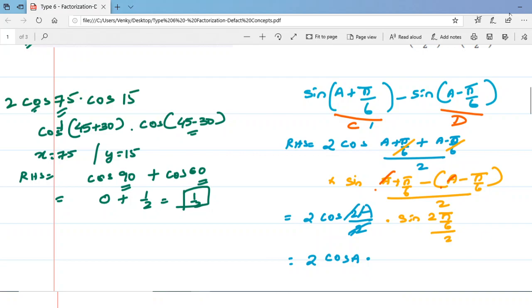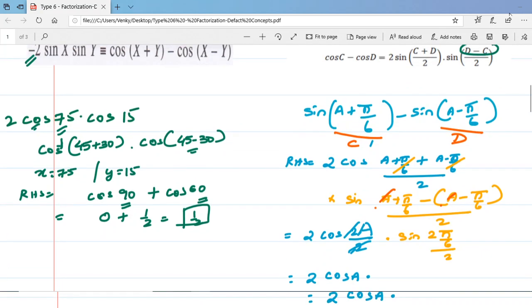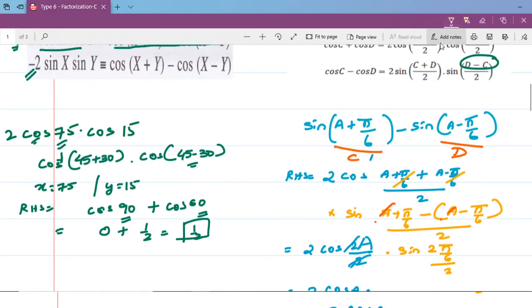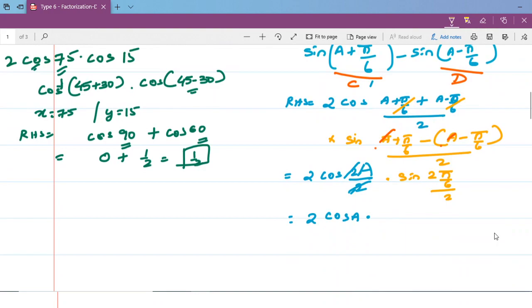This 2 and this 2, sorry about that, also will get cancelled. Just one second, let me get my pen right. Okay, so this 2 and this 2 get cancelled, and what remains is sine of pi by 6.